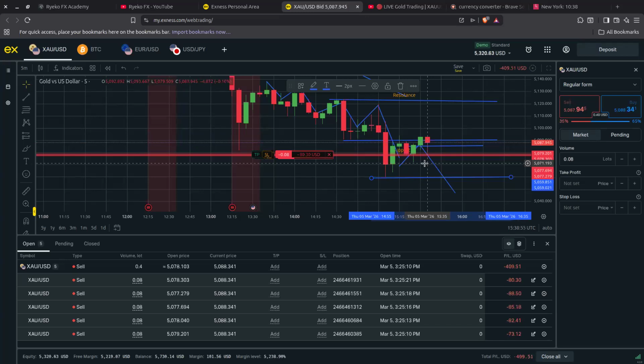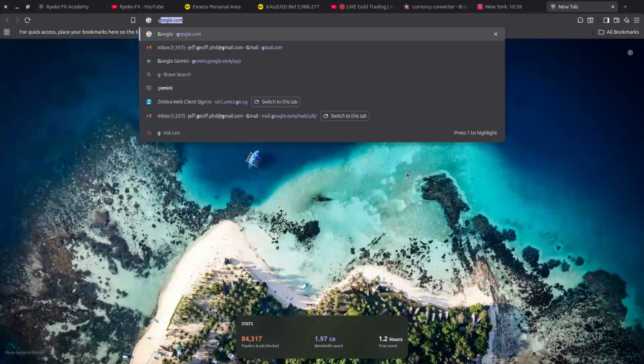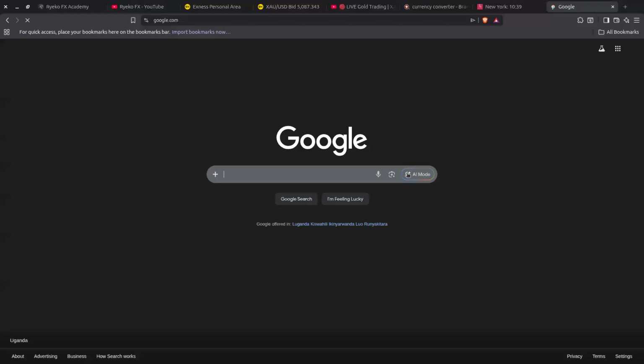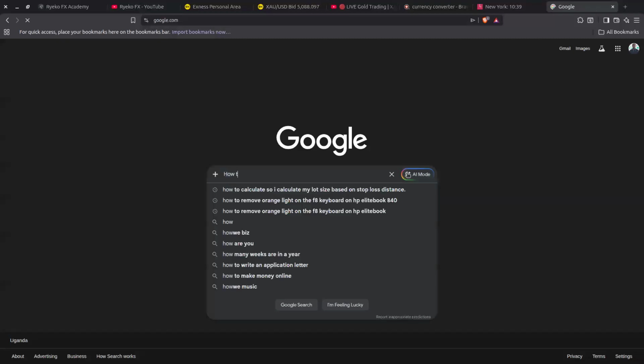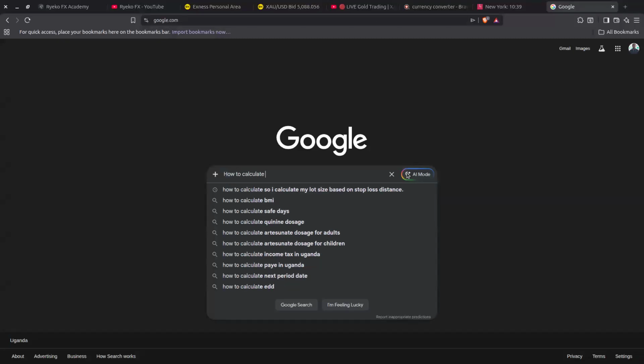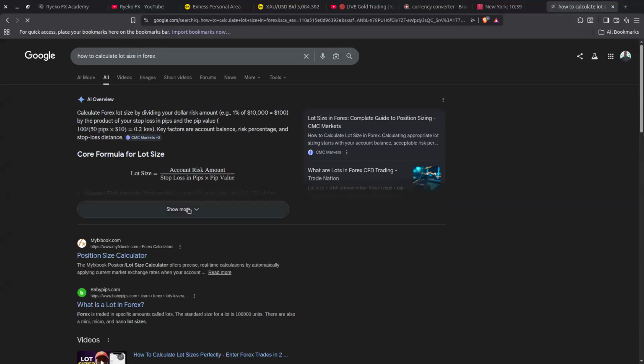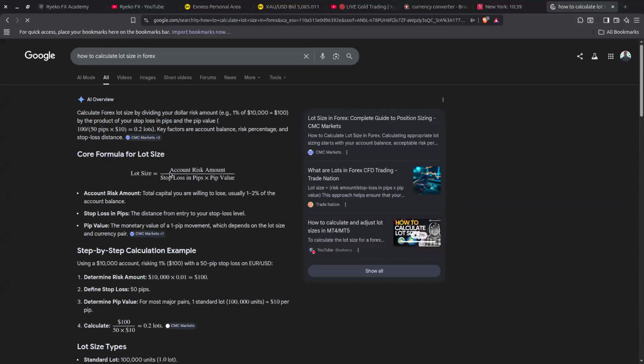And for those of you who don't know, you could learn how to calculate lot size in Forex. Lot size is calculated as account risk divided by stop loss in pips times pip value.